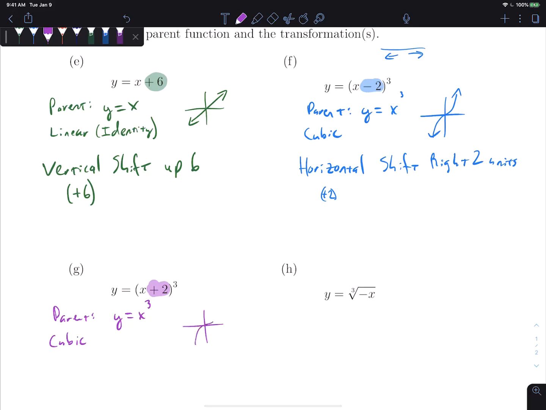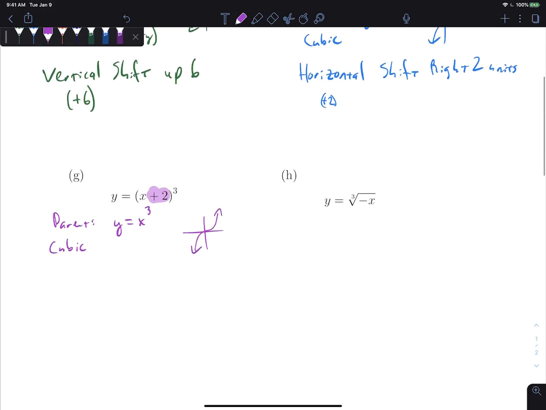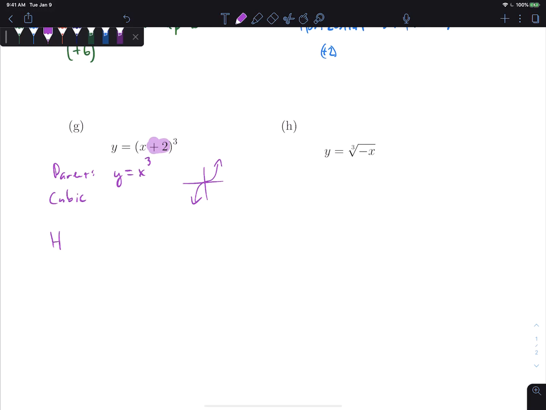And the cubic function has a parent function that looks like this. So this is going to be a horizontal shift. And again, it says plus 2, but it's the opposite, so it's going to be left 2, aka in my math lab, that will be minus 2. Good deal.